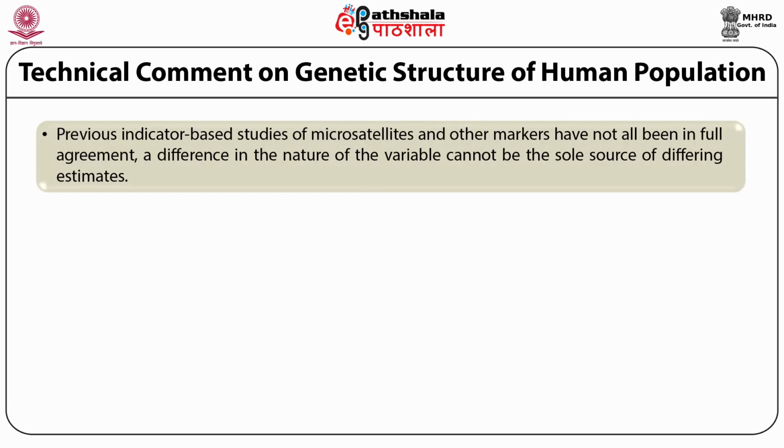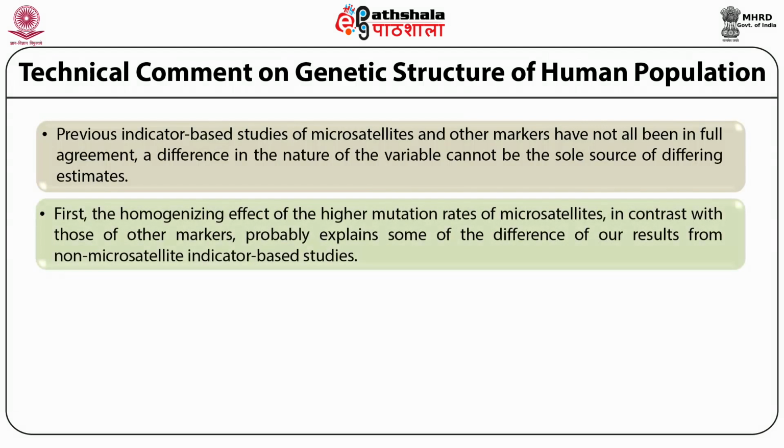A difference in the nature of the variable cannot be the sole source of differing estimates. First, the homogenizing effect of the higher mutation rates of microsatellites in contrast with those of other markers probably explains some of the difference of our results from non-microsatellite indicator based studies.